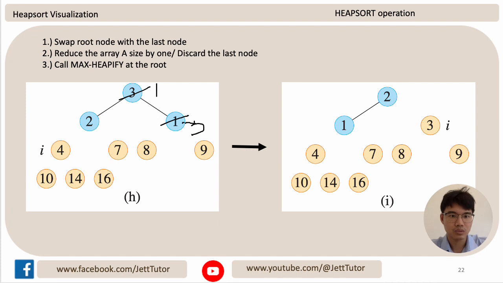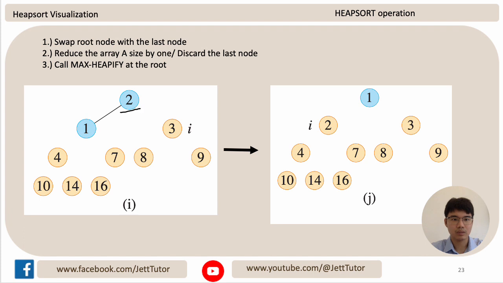So this is 3. And then we discard the last node, and then we call max heapify. The results are on the right. Same thing, swap 1 and 2. The results are on the right.